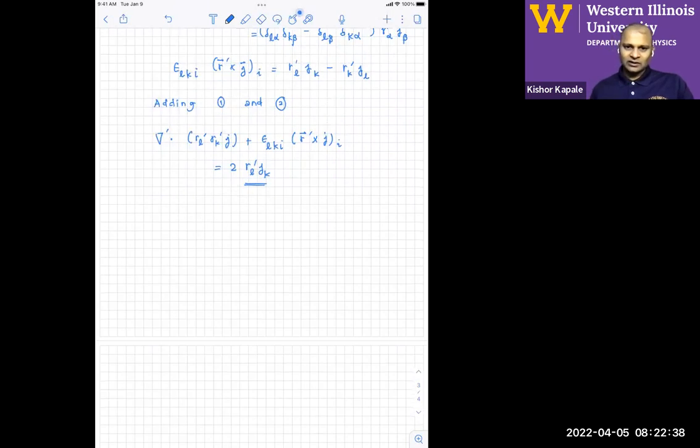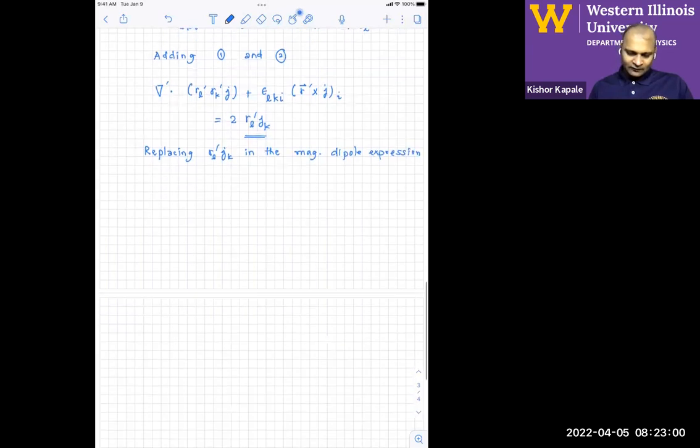So we take the RL prime and replace it, so I'm just going to write a comment here in terms of the next steps. So replacing RL prime JK in the magnetic dipole expression with half, obviously, of the term that we have, and I'm just going to copy this from here.